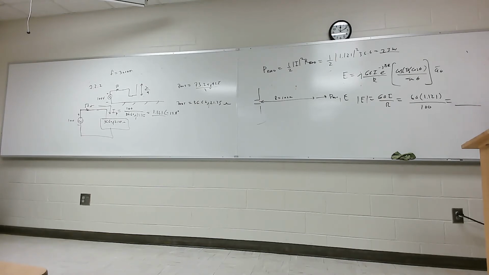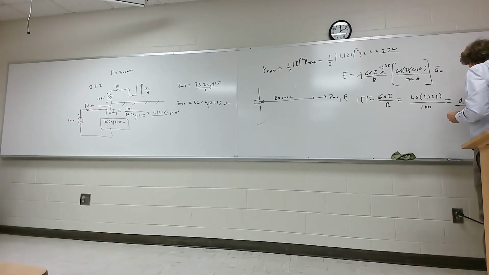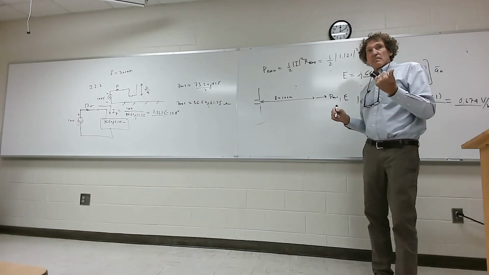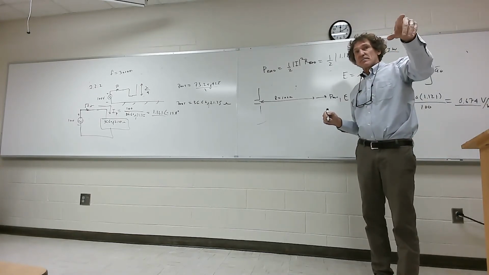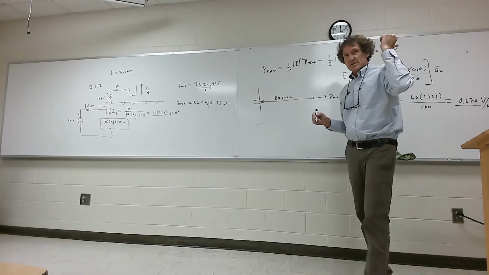I'm just using the electric field equation for half-wave dipole, which is the same as a quarter wave monopole. Y'all follow me? It's only dependent on the current. So what is this value? About 0.6 something, 0.68, what? Yeah, 0.674. 0.674 volts per meter. Is that the right answer? Is that right? For the answer, 0.674?